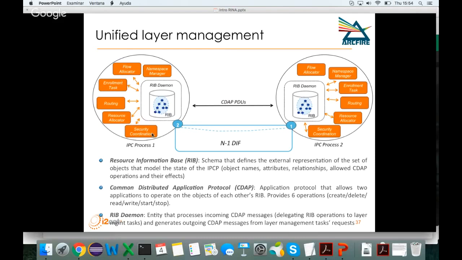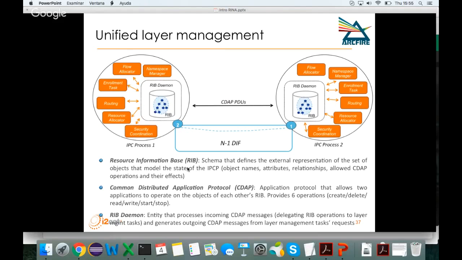So for example, a routing protocol is 90% replicating data through a distributed database, 10% doing routing. It's the same for any other protocol. So what we have done here is have a universal protocol that just keeps a partially replicated distributed database of objects synchronized, and then different callbacks are invoked for different functions.